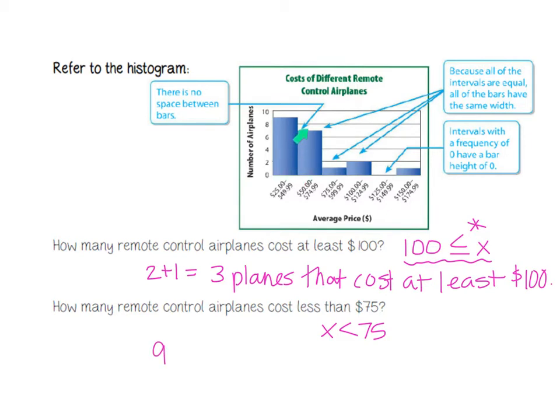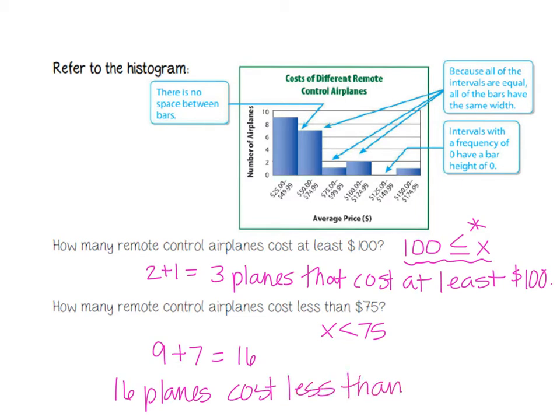And this one has 7. So what is 9 plus 7? Get your pen. All right. There we go. That is 16. So 16 planes cost less than $75. So setting up these inequalities helps you know which pieces to look at.